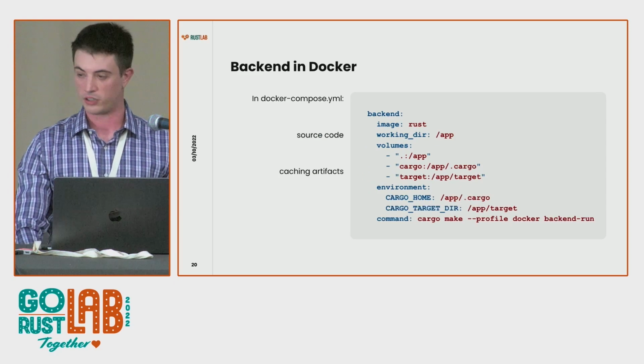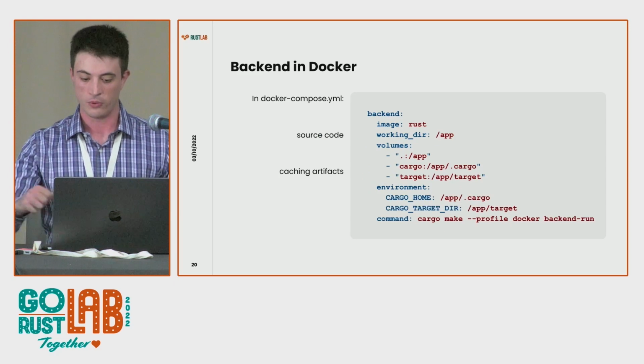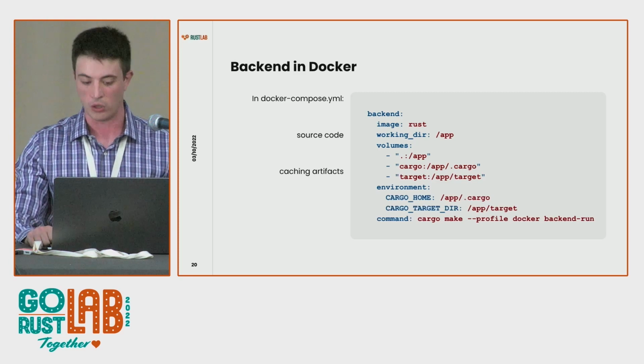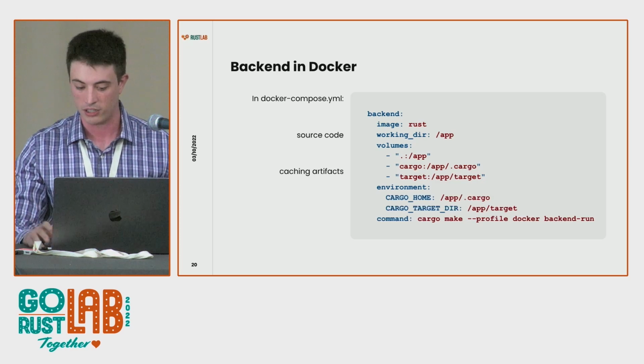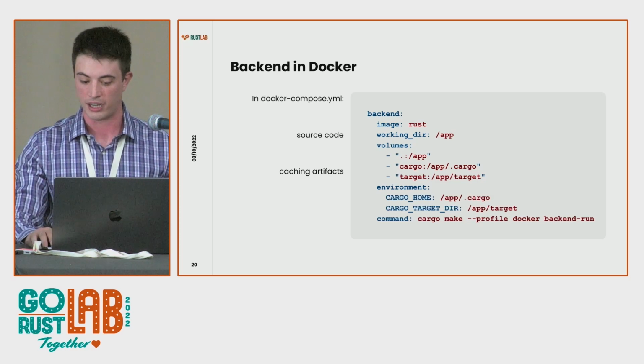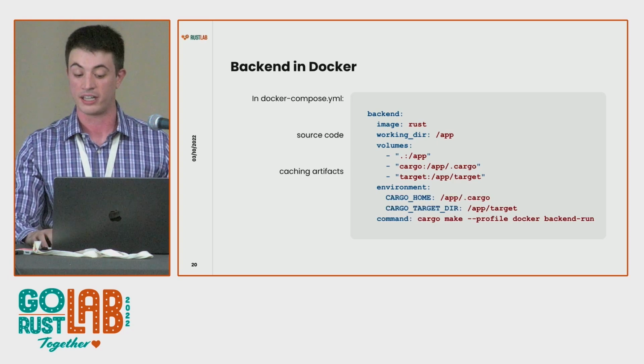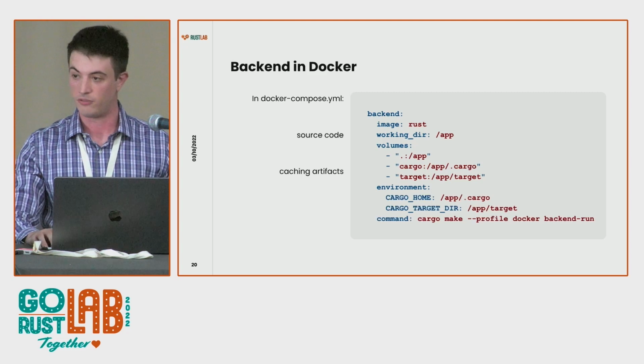And then for the actual service, we start with the Rust image. We sync the code. You see the first volume is syncing the local folder up, but we also cache the artifacts. So we put the .cargo and target folders into separate volumes.